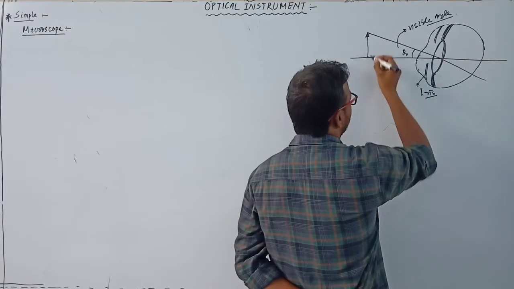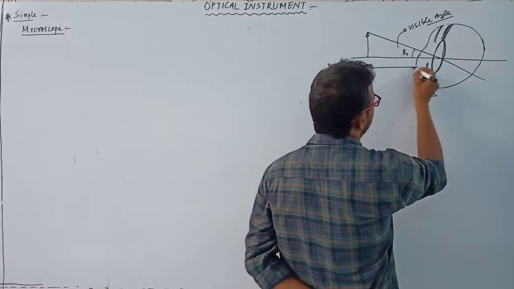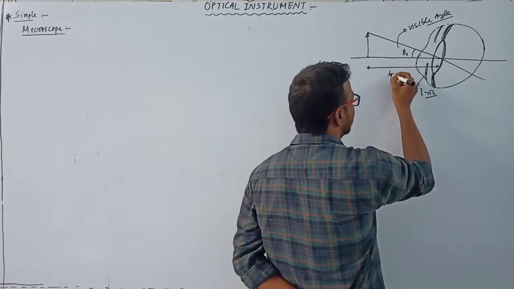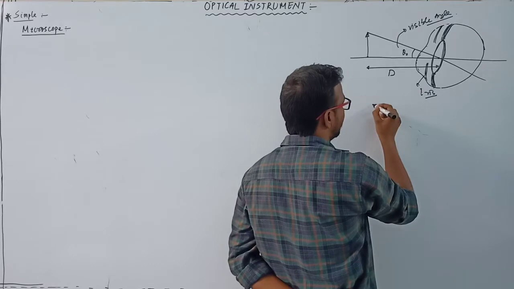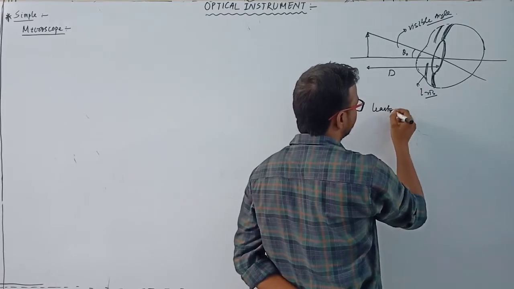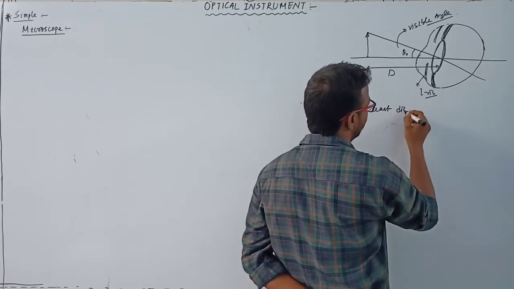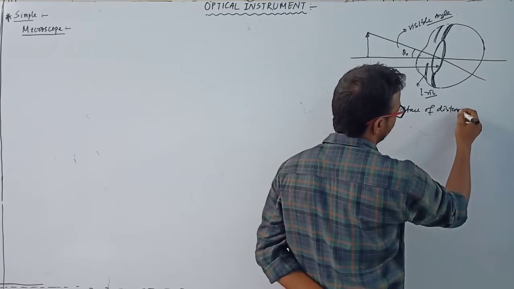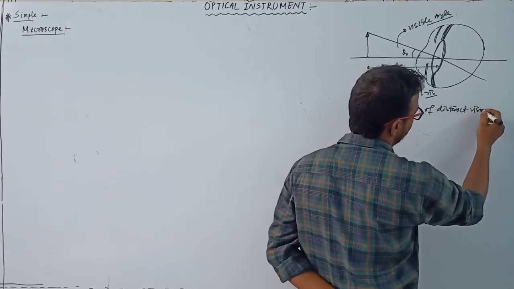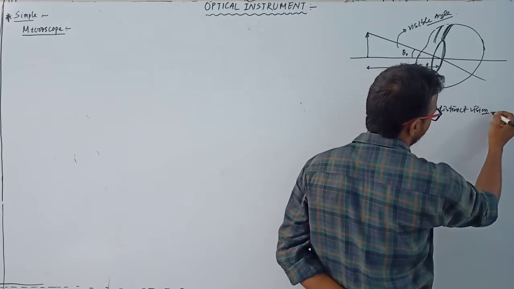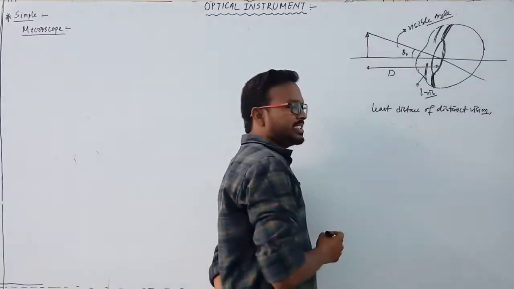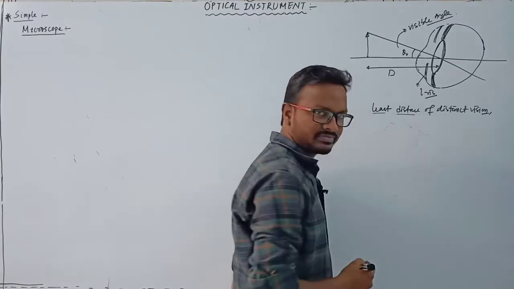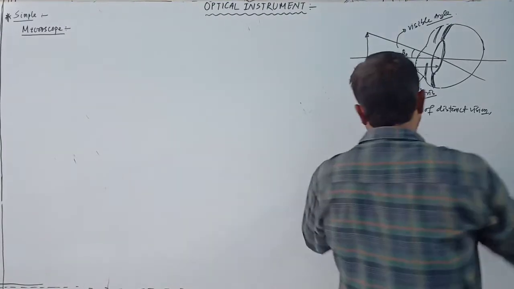So if this object is placed at the least distance of distinct vision from the eye, it is denoted by D, and D here is the least distance of distinct vision.